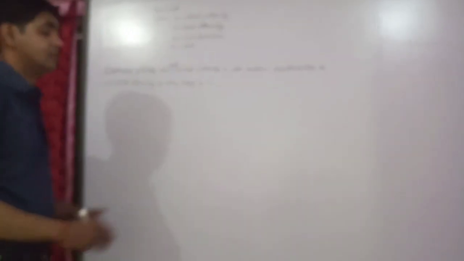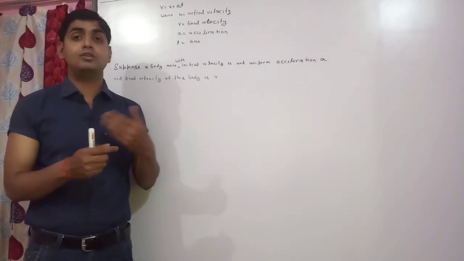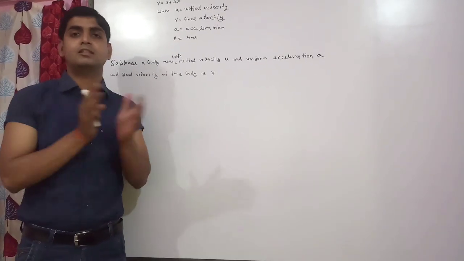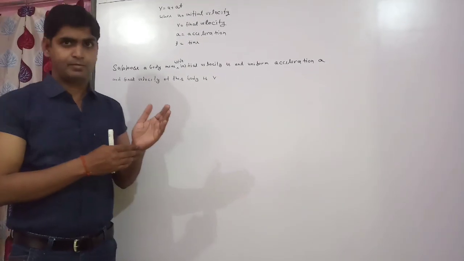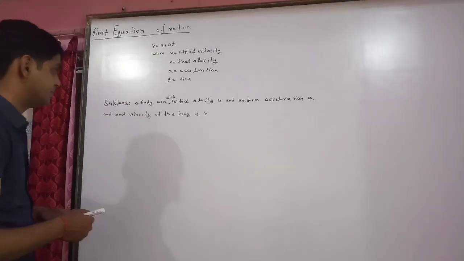I repeat again: suppose that a body moves with the initial velocity u, which has a uniform acceleration small a, and finally it travels with final velocity v.